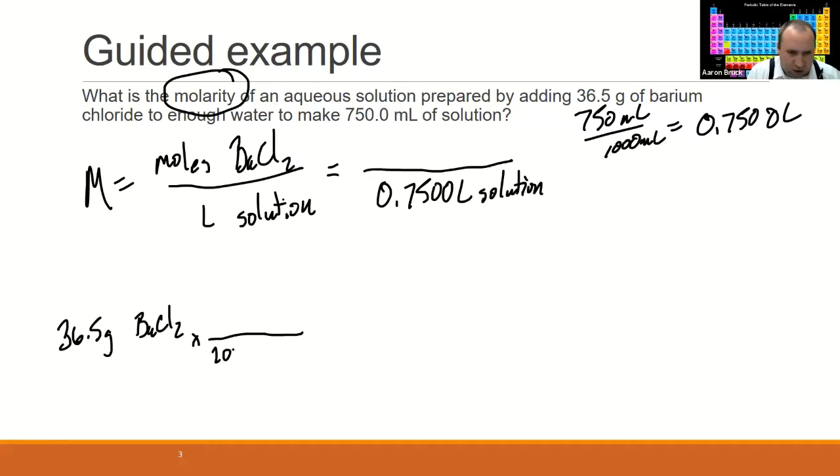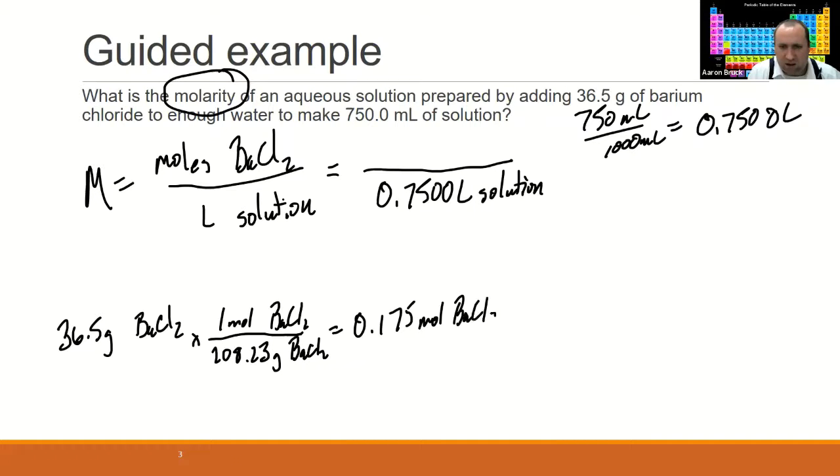There are 208.23 grams of barium chloride in every mole of barium chloride. And so 36.5 divided by 208.23, to 3 significant figures, would give me 0.175 moles of barium chloride, which I can now put up in the numerator of my fraction.